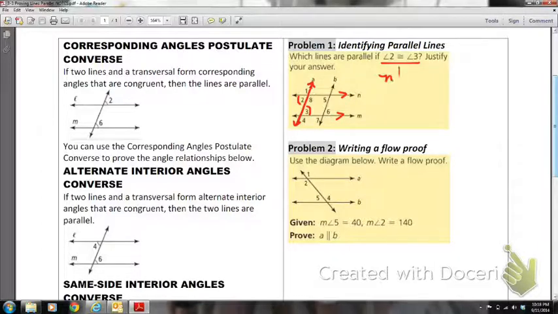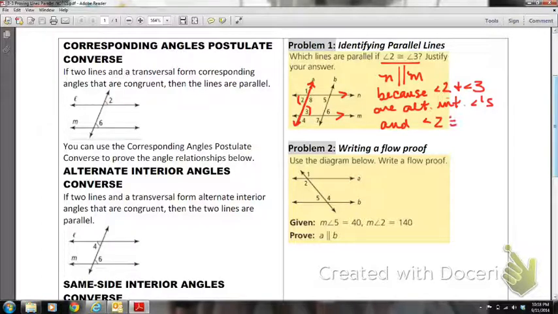So N is parallel to M because angle 2 and angle 3 are alternate interior angles, and angle 2 is congruent to angle 3.